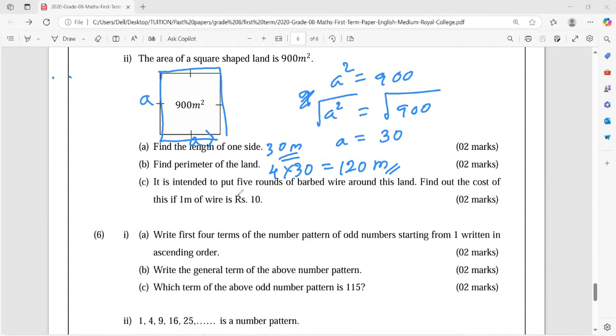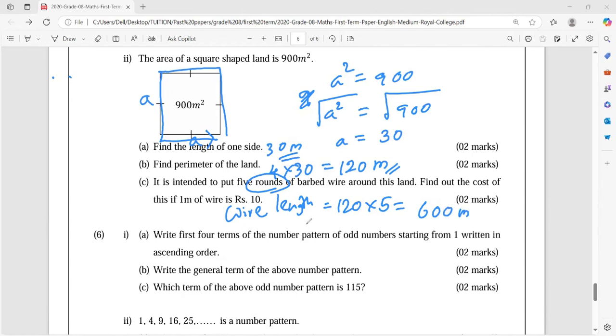Here, it is intended to put 5 rounds of barbed wire around this land. Find out the cost of this if 1 meter of wire is 10 rupees. So, if it is 5 rounds, then the wire length will be 120 into 5, which is equal to 600 meters. Right?